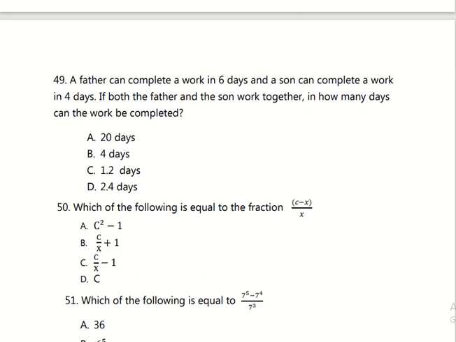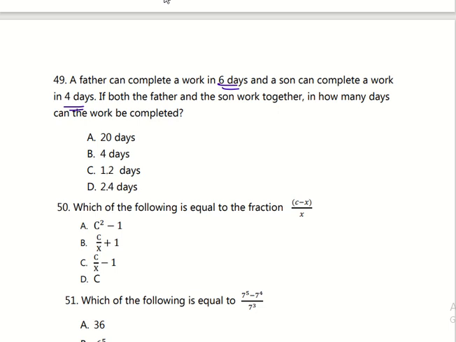The next one, a father can complete a work in 6 days and a son can complete the work in 4 days. So if both the father and the son work together, in how many days can the work be completed? What must be clear here is that the number of days and the number of workers are inversely proportional.